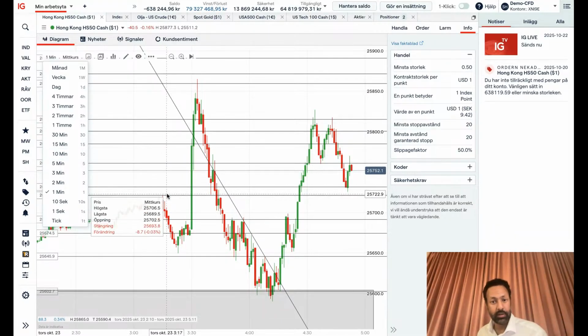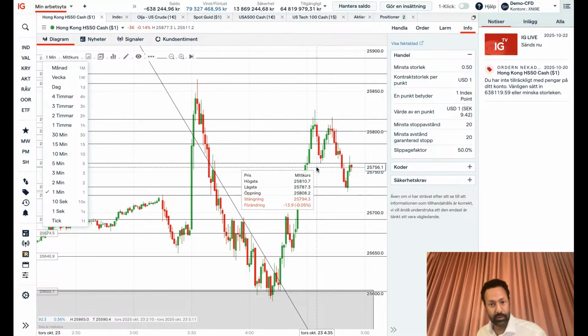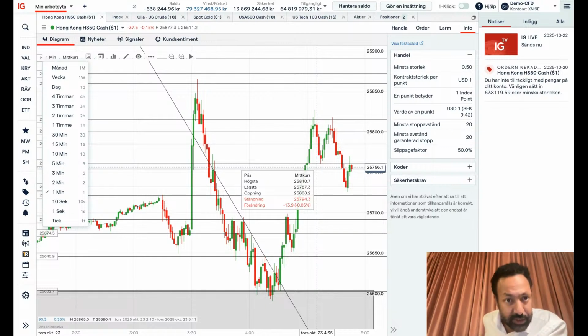Yeah, I'm short. 15, maybe not a good move at all. Let's see 17 and take a tight stop.